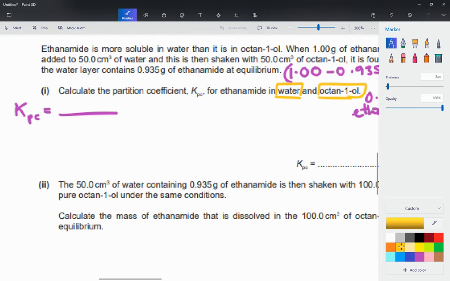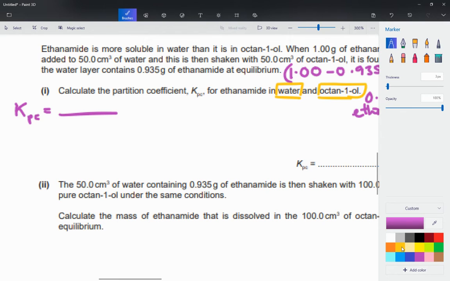Which one is mentioned first and which solvent is mentioned second? So coming back to the actual partition coefficient, to reiterate the point I've just made, you might think that you started off with water and that would be your reactant. So you might be forgiven for thinking that the denominator is the concentration of the ethanamide in water.